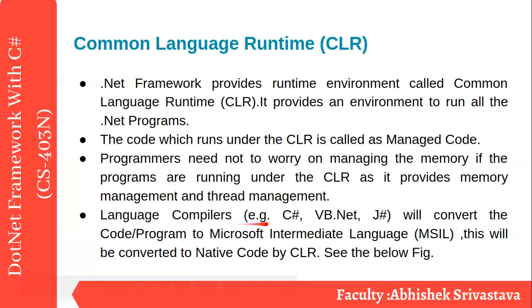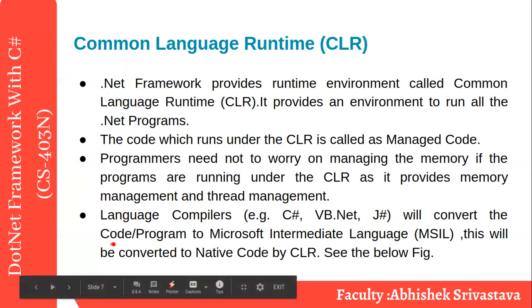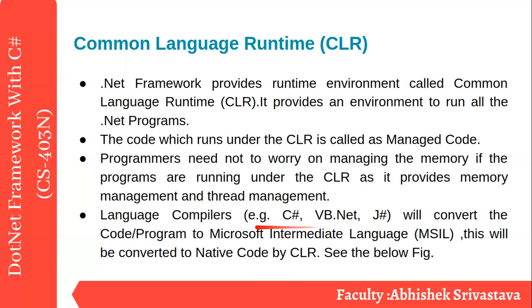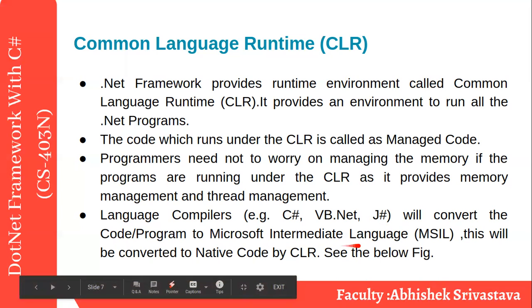Language compilers like C Sharp, Visual Basic, and F Sharp convert the code to Microsoft Intermediate Language, another term for which is MSIL. So when you write code, these compilers compile your program and convert this code to MSIL. This will then be converted to native code by the CLR, as shown in the figure.